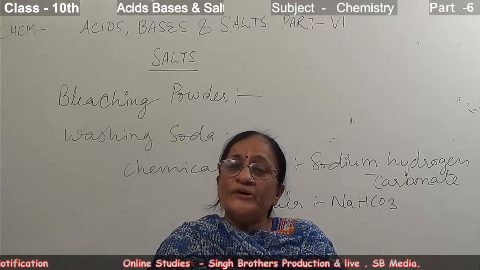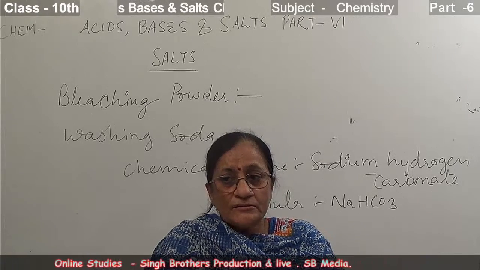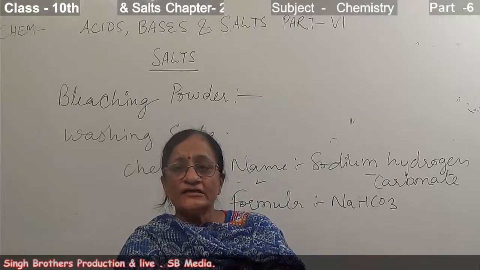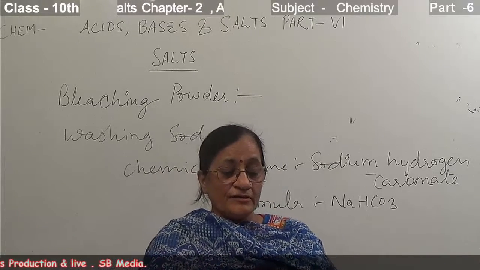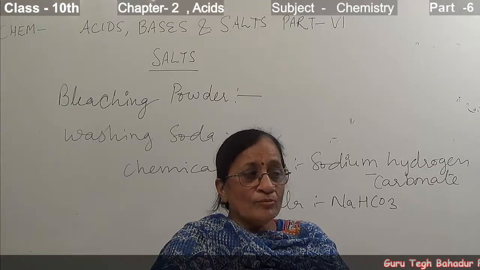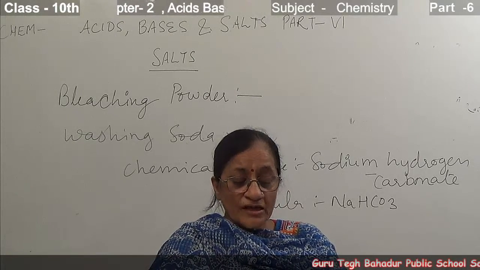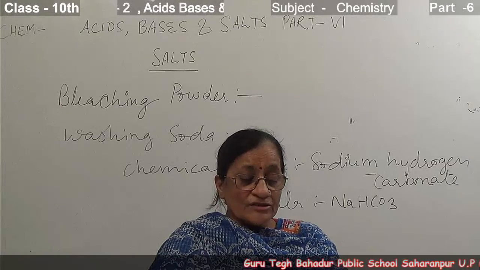It can be prepared by using sodium chloride. When sodium chloride is reacted in presence of ammonia and carbon dioxide, then baking soda can be produced.